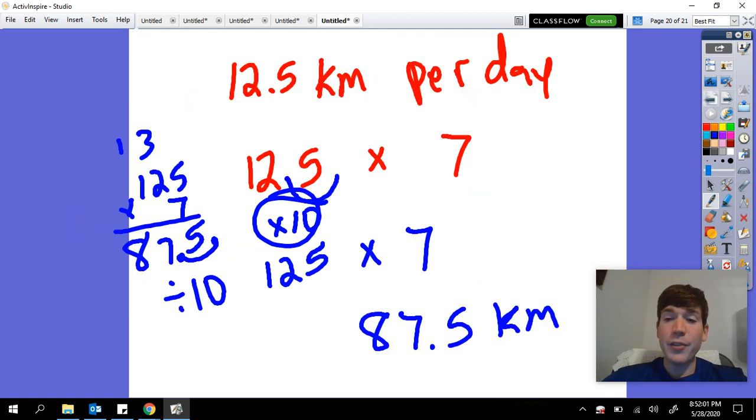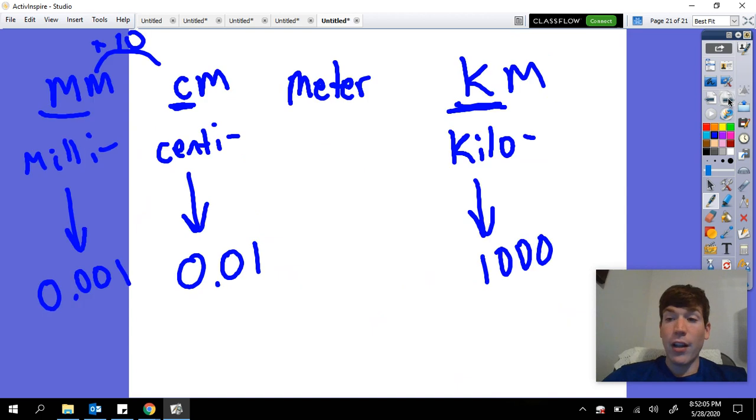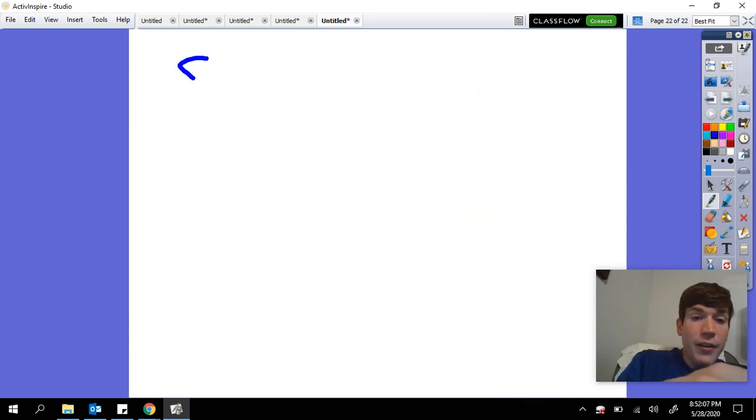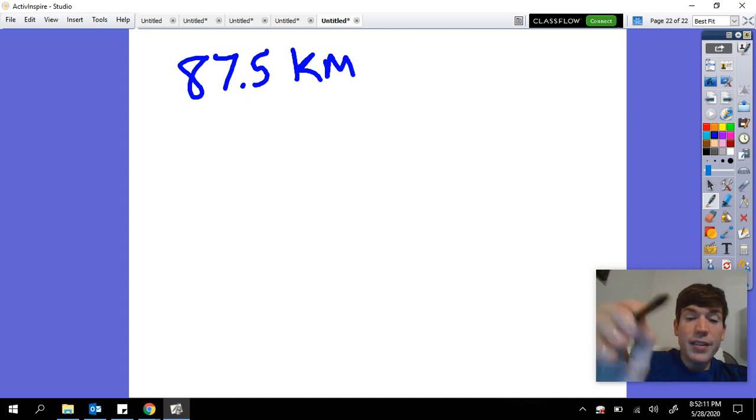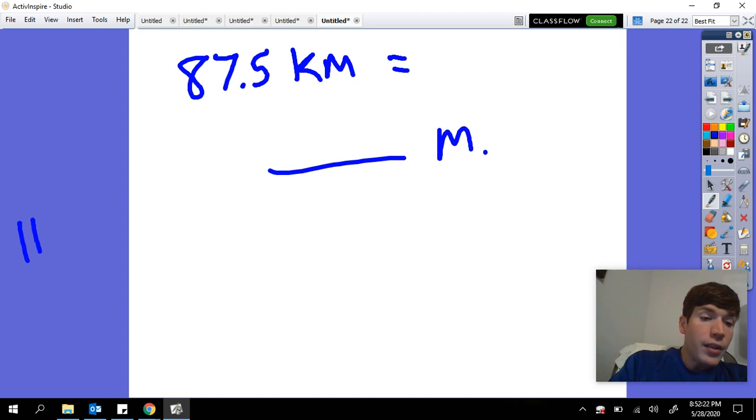So if I go back to my bicycle measurement here, 87 and a half kilometers, and I wanted to know how many meters that is, one thing that we could do is say, well, we know that 1 kilometer is 1,000 meters.